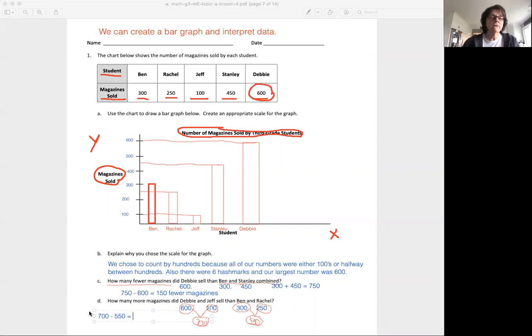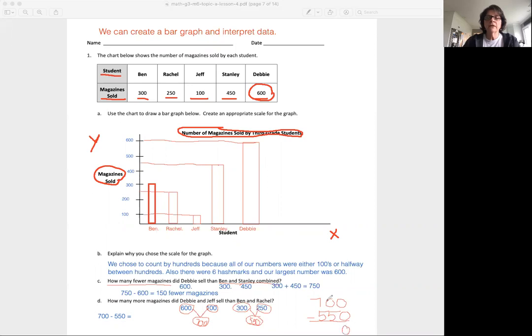And you can do the algorithm for that anywhere you want on the page. I'm going to put mine over here, 700 minus 550. You can do that mentally, if it makes sense, by adding on. But if you want to do the algorithm, we can do that here. Subtract the ones, 0 minus 0 is 0. Subtract the tens.